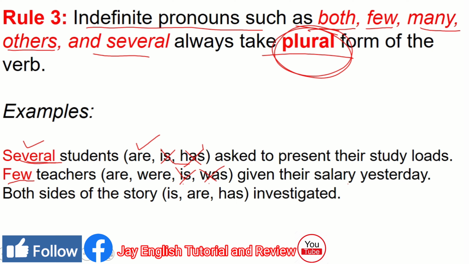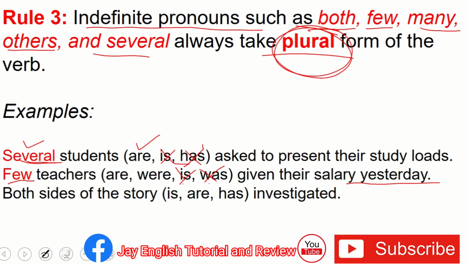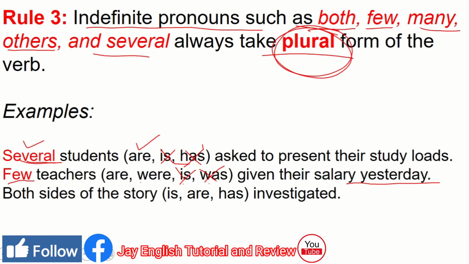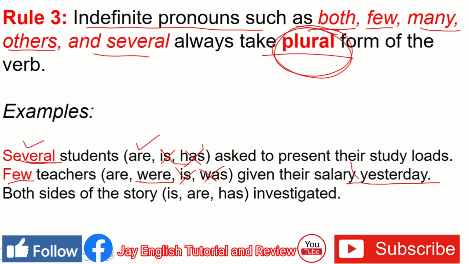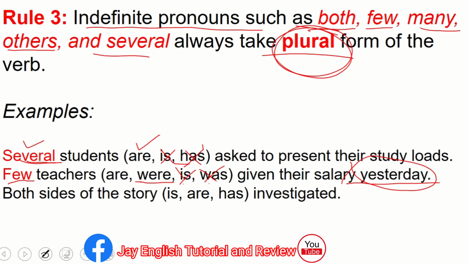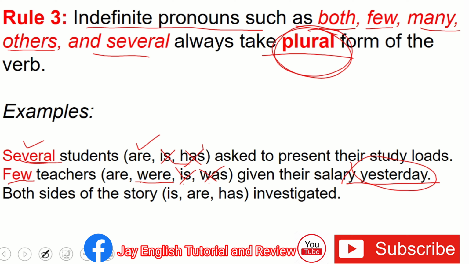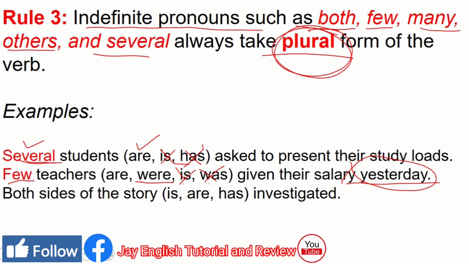Take note that the event happened yesterday, so we're going to use the one that is in past tense, and that is were. Are is okay, but since the event happened yesterday, then we have to choose were, the past tense of are. But they are both plural, okay? Few teachers were given their salary yesterday.